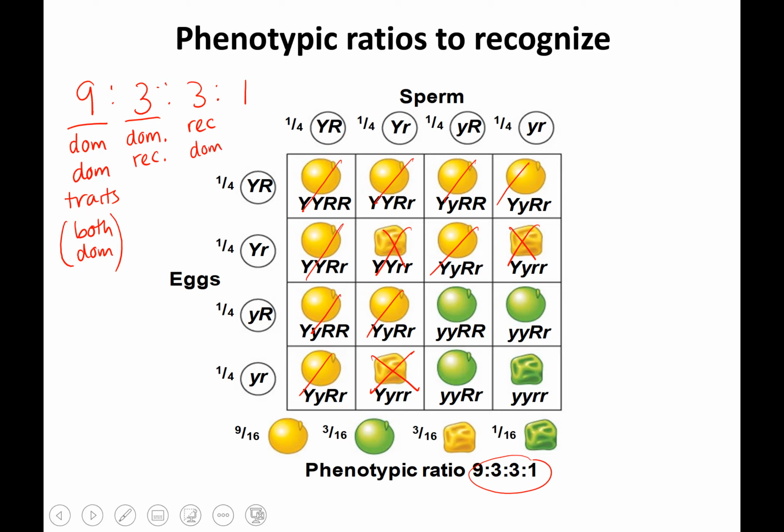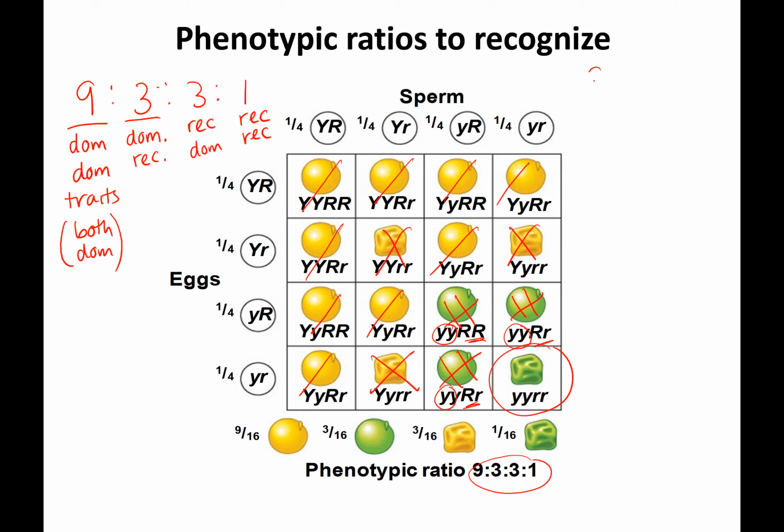So now we have 3 that are green, but they're round, right? So they have the recessive color, but they have the dominant shape. And finally, the 1 stands for you're going to have 1 out of that 16 that shows both recessive traits.